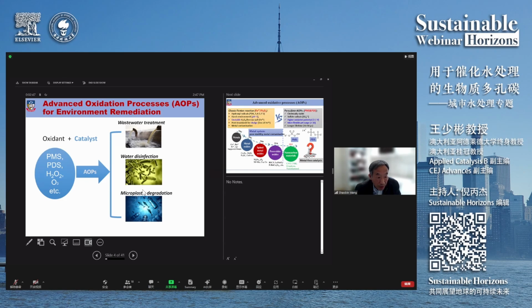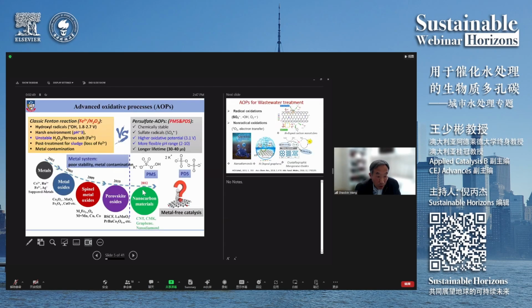Often in this approach, we can have two different molecules: one is peroxymonosulfate, another one is persulfate. There is also the advanced oxidation process, which refers to the Fenton reactions. For the Fenton reaction, in the general way, we use iron and also hydrogen peroxide.